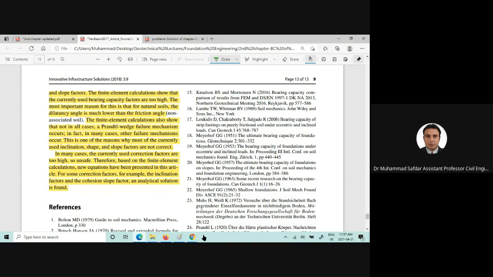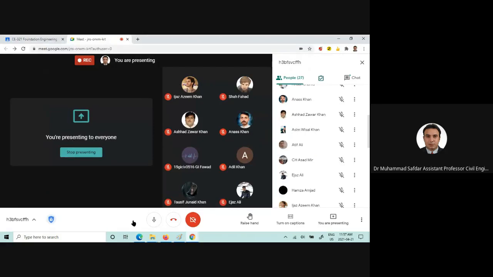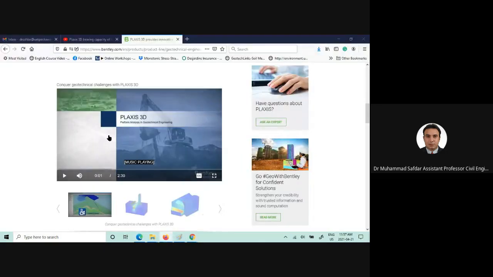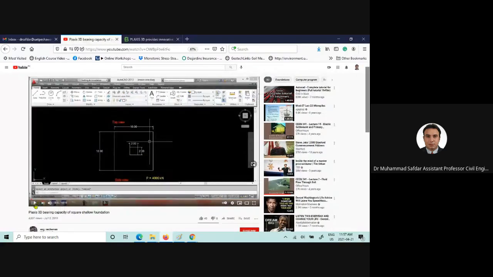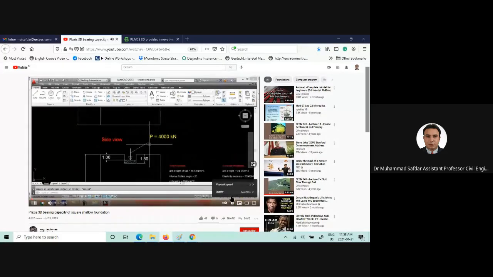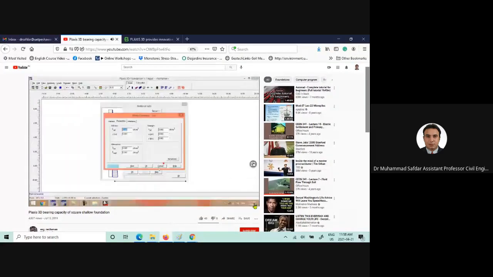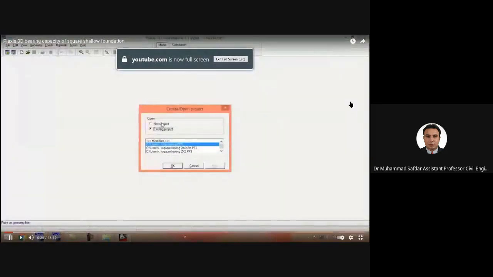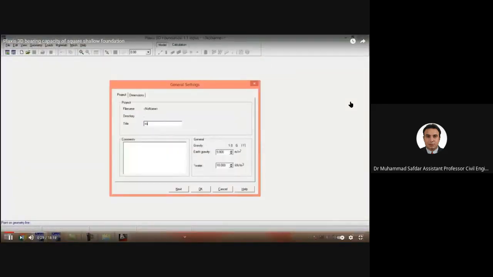Now we will see a video here, if I have it somewhere. This is the Plaxis software, showing how we can find out the bearing capacity of the shallow foundation. So I will show you quickly the dimensions, how they start with the project.